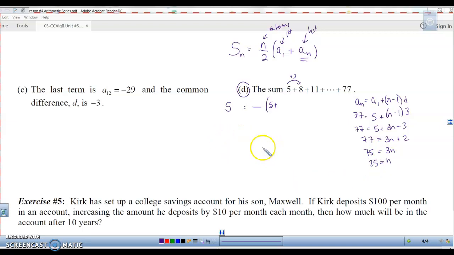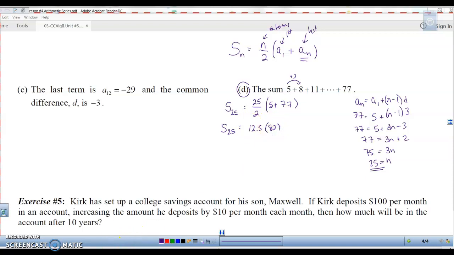So plugging this in, I'm actually looking for the sum of the 25 terms of the sequence. So this is going to be 25 divided by 2 times the first term plus the last term, which is 77. In order to figure this out, I had to figure out what term number 77 is. Once you get that, all you have to do is work this out. S of 25: 25 divided by 2 is 12.5 times 82.